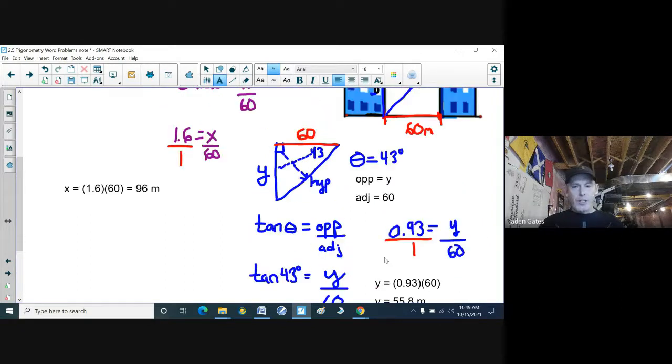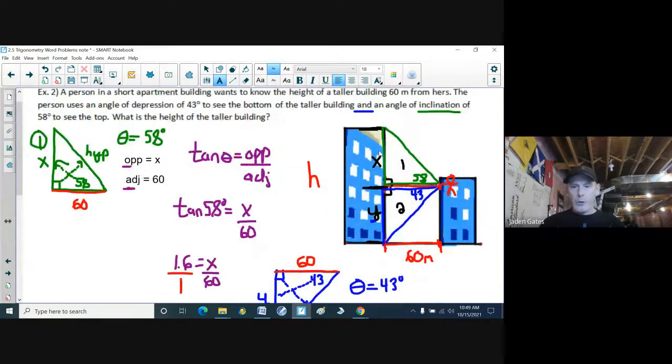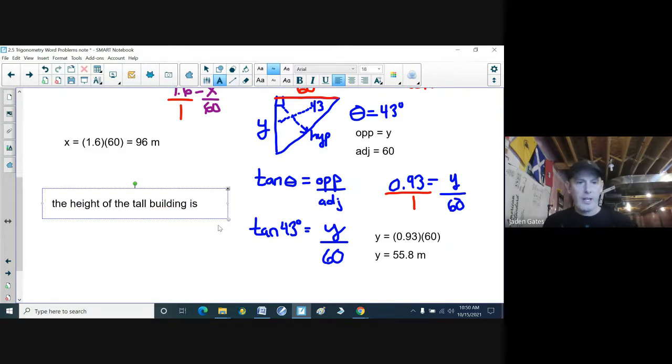We got our two distances, though. If we look up here, our height, well, we just put X and Y together. So the height of the tall building is 96 plus 55.8 meters. 55.8 plus 96, right on.